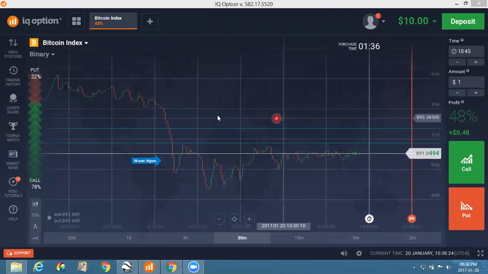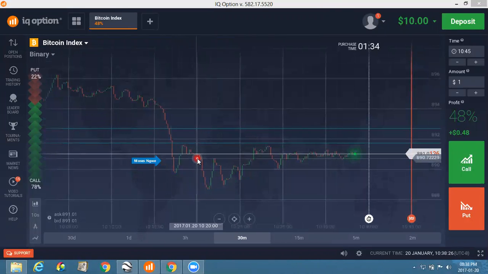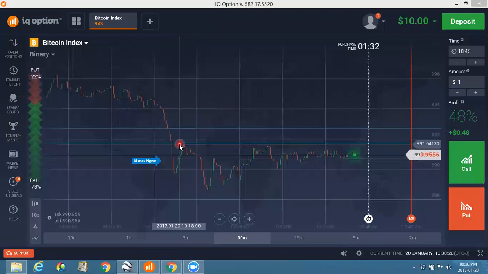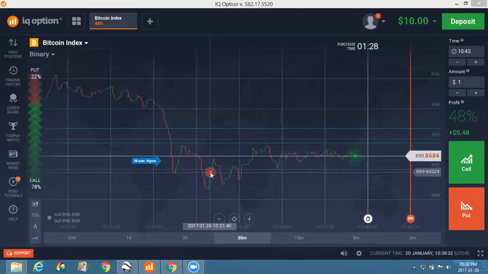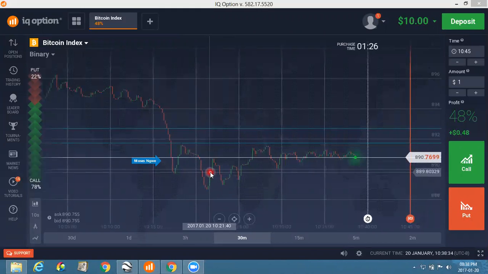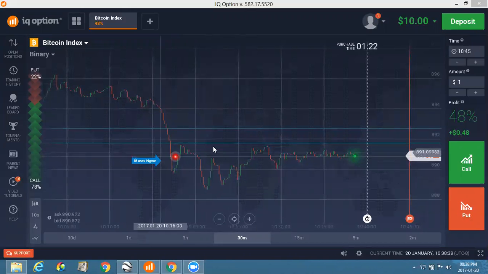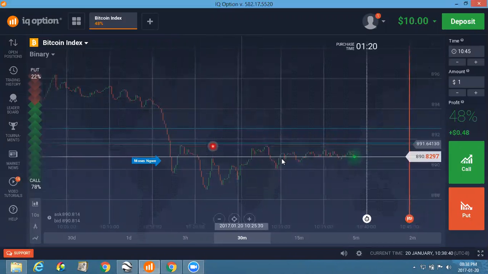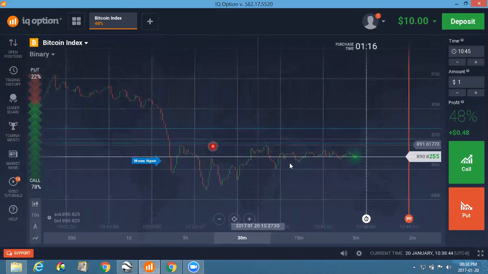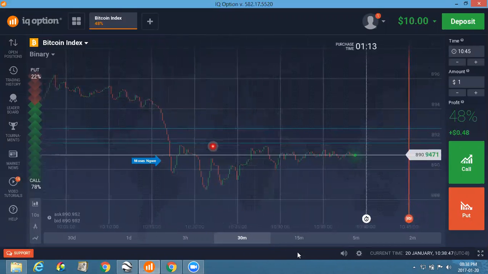Okay, cool. So what we need to take note of are our swing highs and our swing lows when we need to take a trade. Let me go into the strategy first, and then I'll come back and explain. If we are looking for a buy opportunity, we are looking for the market to break our swing highs and swing lows.